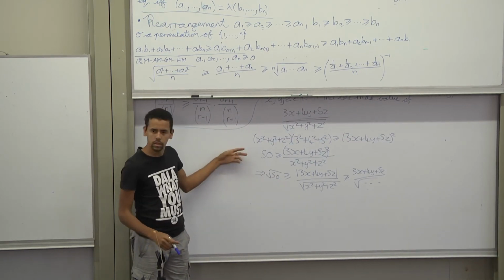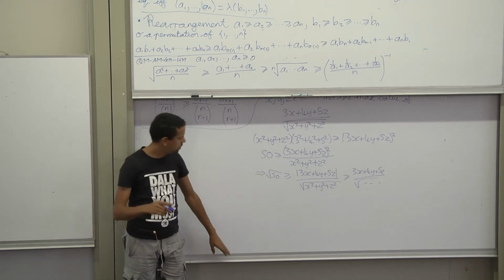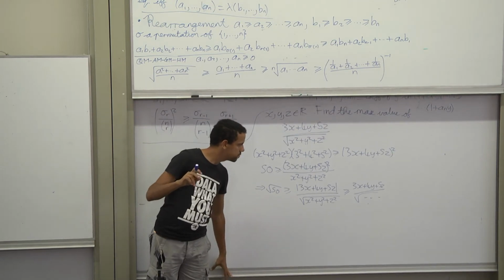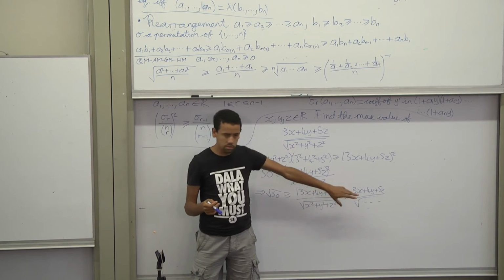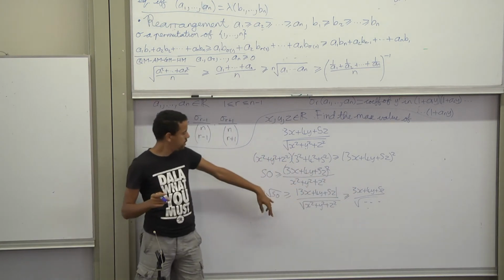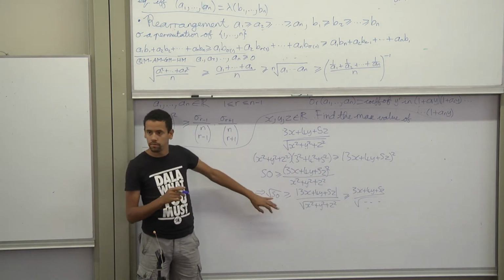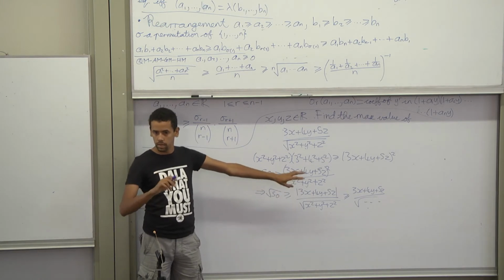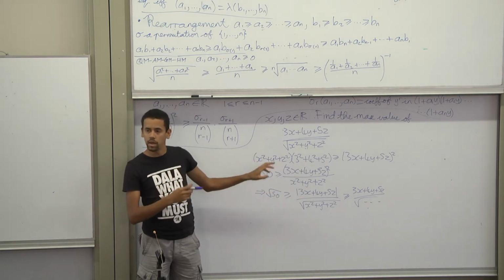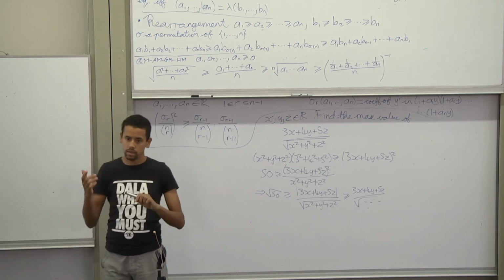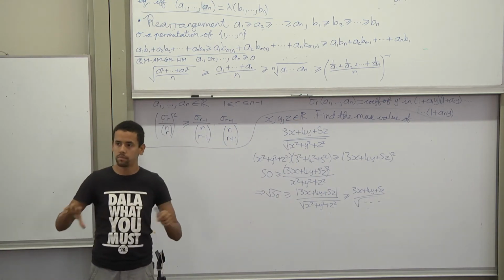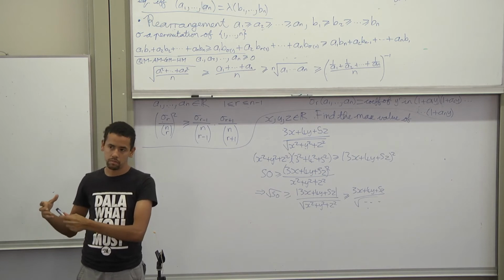When do we have equality here? Okay, actually we haven't quite finished yet. We've shown that this fraction that we're given is less than or equal to the square root of 50, but we haven't shown that it's the maximum. Maximum means that you actually have to have some point where it's equal to it.